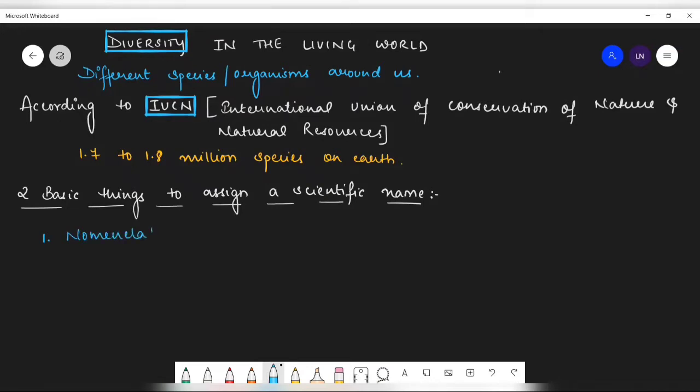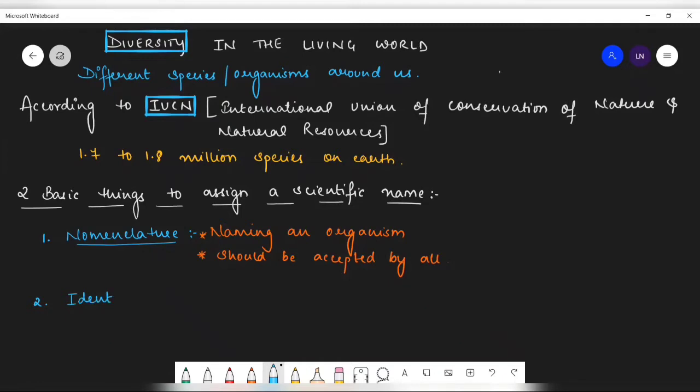Now, how would you define nomenclature? Nomenclature is naming of an organism which needs to be accepted by all. So naming an organism, and it should be accepted by all.